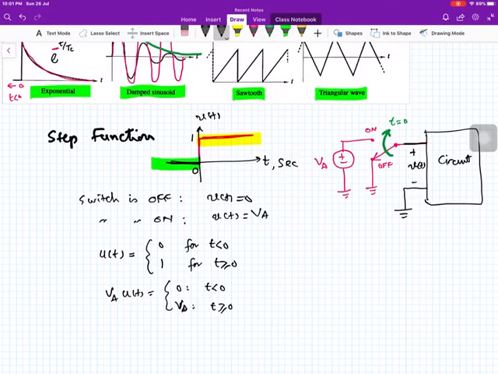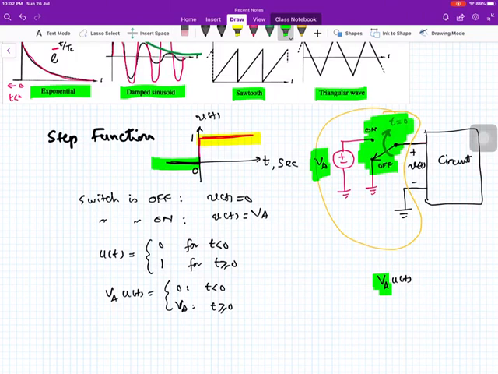Now the whole encircled mechanism can be shown like this: VA u(t). This VA is due to the voltage and u(t) is due to the switch. The switch position is moved from off to on at t equal to 0.